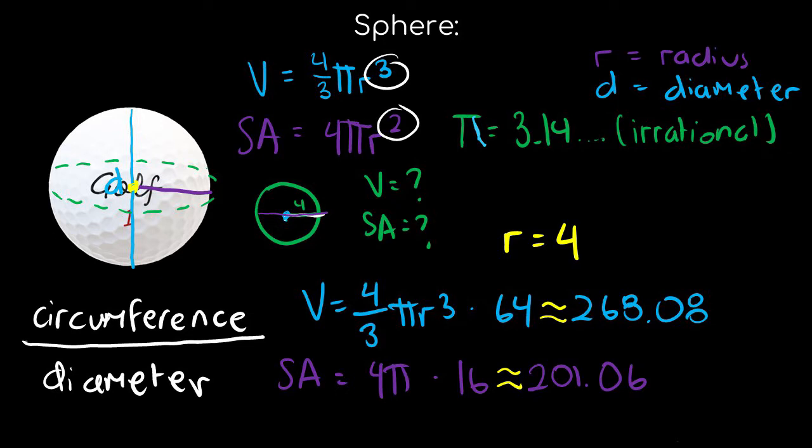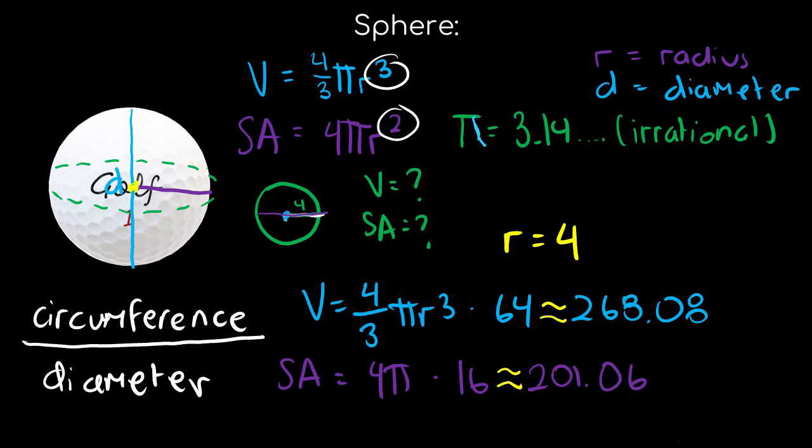The sphere's volume is 4/3 pi r cubed. So you might be wondering, what is pi? Well, pi is just the circumference. The circumference is the perimeter of a circle or a sphere divided by a diameter.